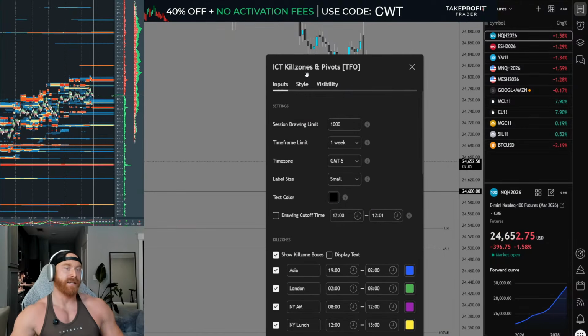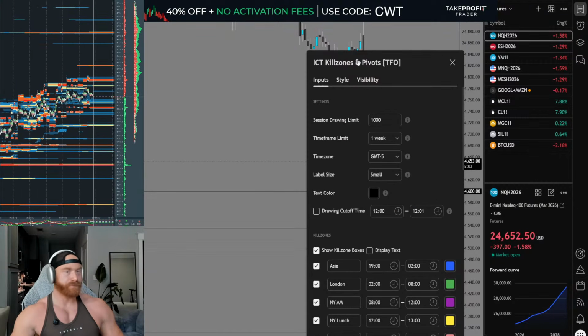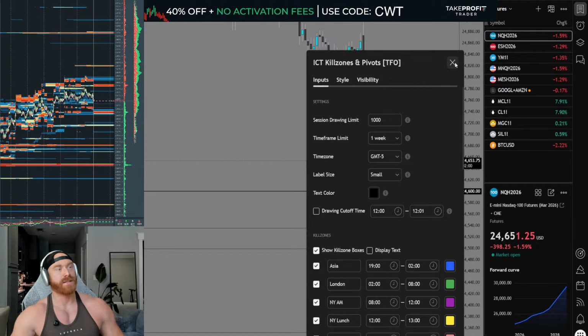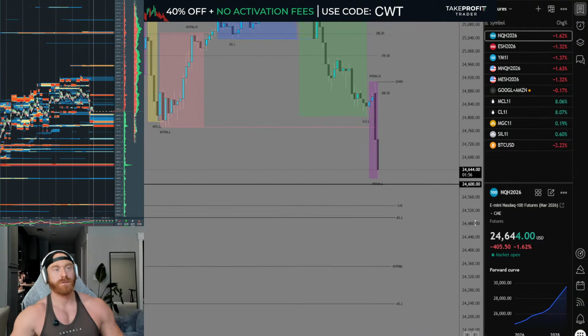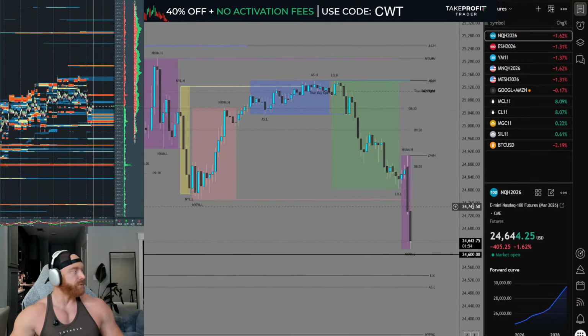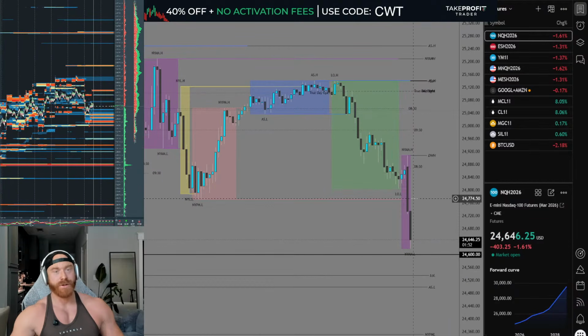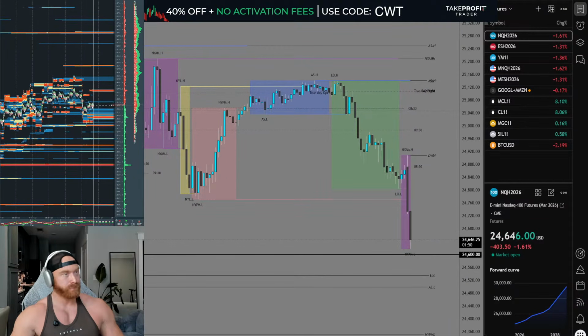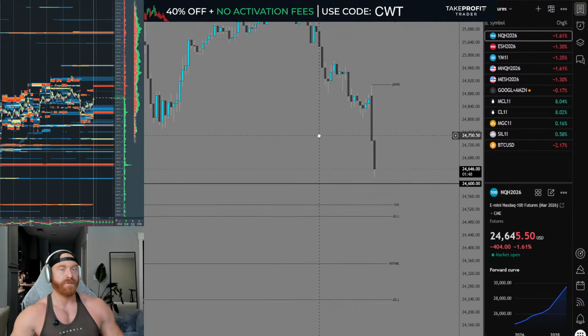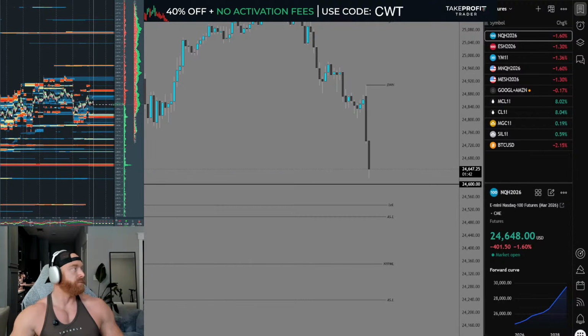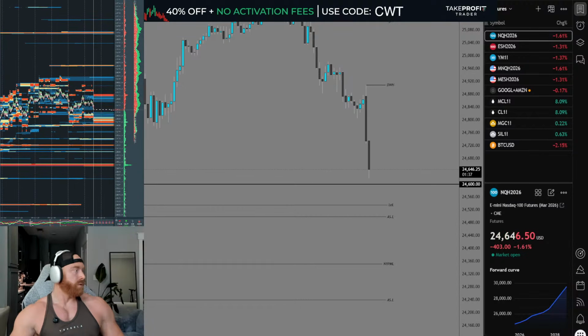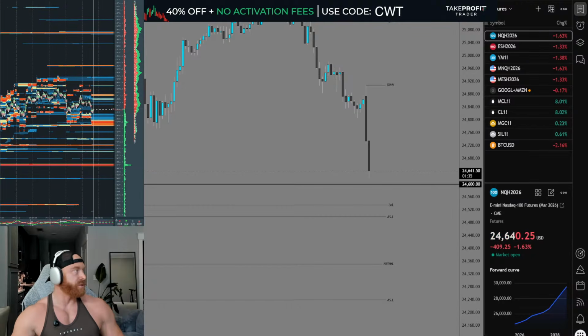The ICT kill zone and pivots indicator marks out session highs and lows. When you turn it on, it looks like this, and it shows you the different Asia high, London high, New York AM high, New York PM high. And if you don't want to do that, or if you want to do it in conjunction with that, you can use Bookmap, which is what I use. And that's what you see on your screen right there.